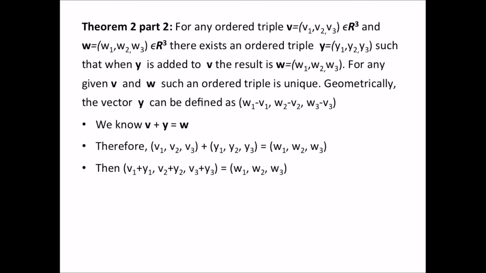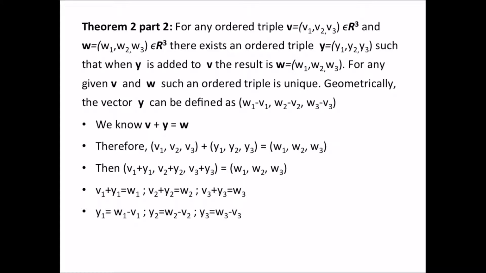Each coordinate we will break into its own equation: V1 plus Y1 equals W1, V2 plus Y2 equals W2, and V3 plus Y3 equals W3. We will solve for Y within each coordinate, and then combine it back to one point. So therefore, point Y equals W1 minus V1, W2 minus V2, and W3 minus V3.